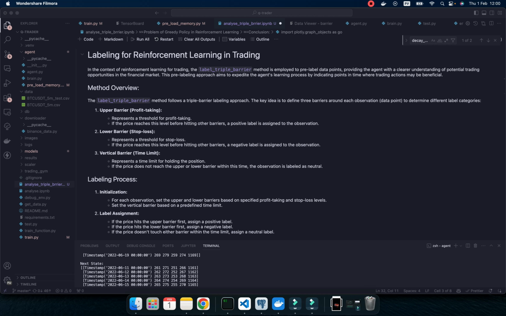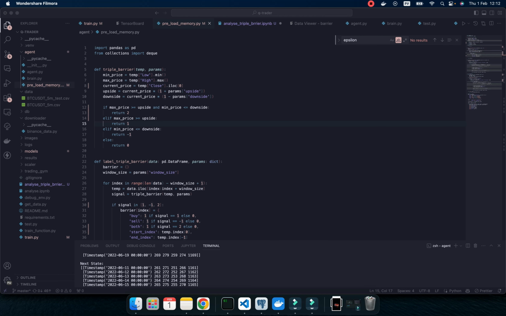By customizing parameters such as profit-taking levels and time limits, the method allows for efficient training of the reinforcement learning agent, providing quick identification of potential trading opportunities. This structured labeling strategy enhances the agent's ability to make informed decisions, adapting dynamically to diverse market conditions and trade preferences. There is a new file named preload memory inside my agent folder.